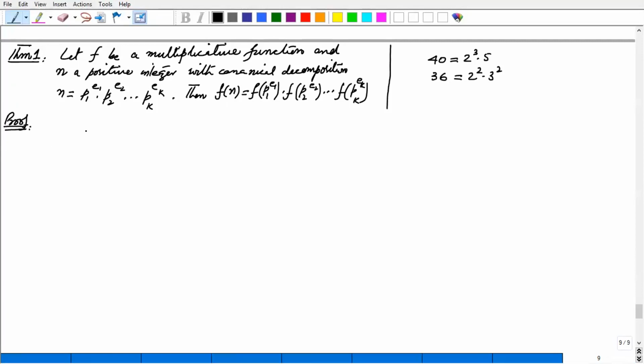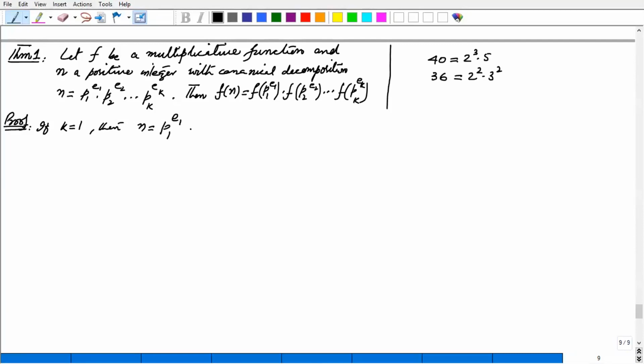Okay, we will prove this by induction. So for induction, we take k equals 1. When k equals 1, then n equals p1 to the power e1.